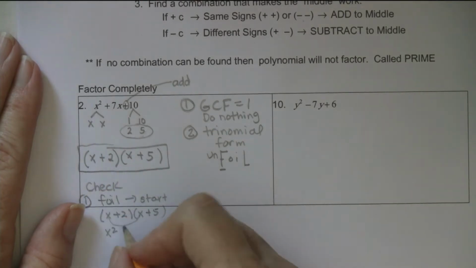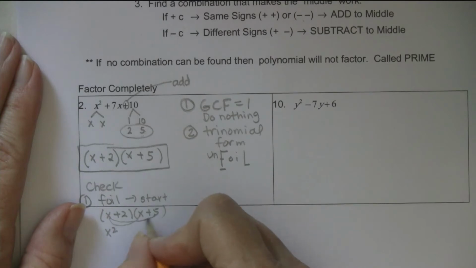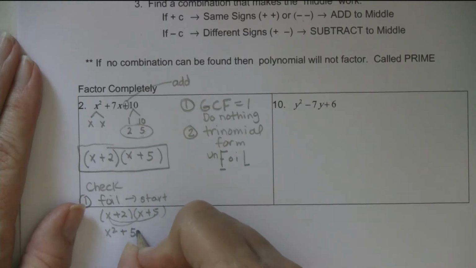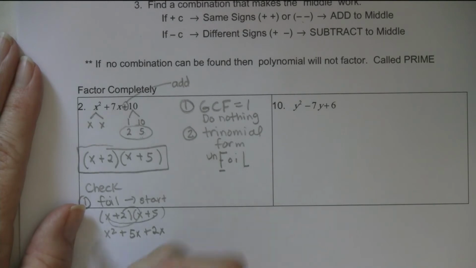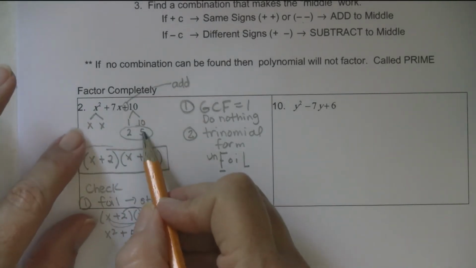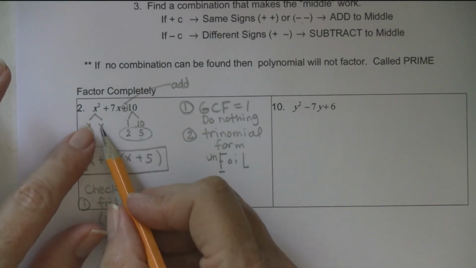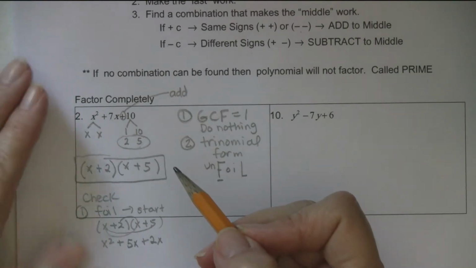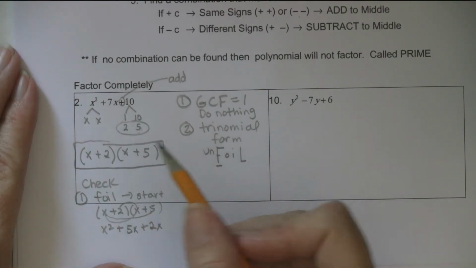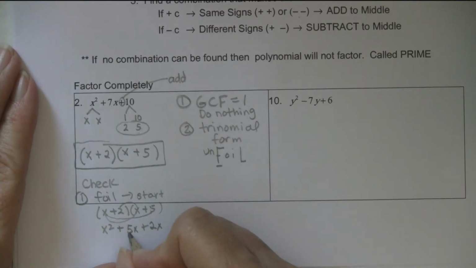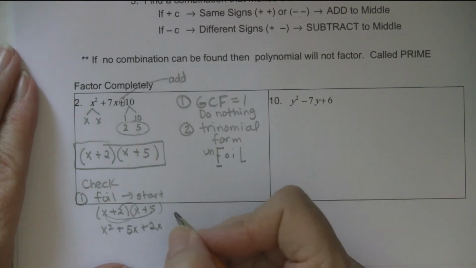Yep, I made that work. Plus 5 times x plus 2 times x. So see how it was 5 and 2, but it was really 5x and 2x? Because the 2 and the 5 had to multiply by the x's that I had up there. But I wasn't really worried about the x working. I wanted to make sure I had the 7 working, and see how 5 and 2 are what makes 7.